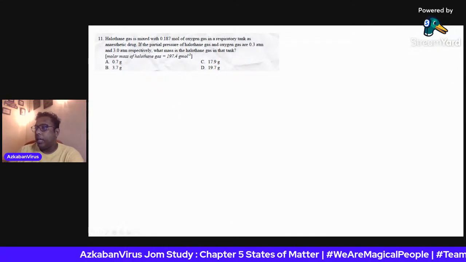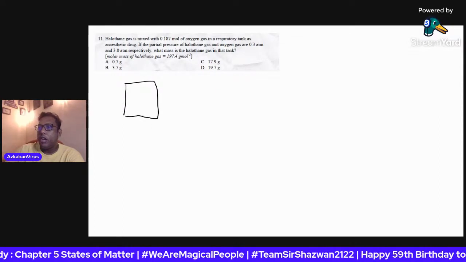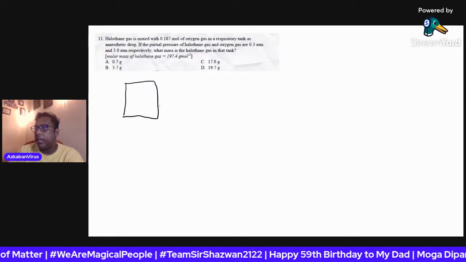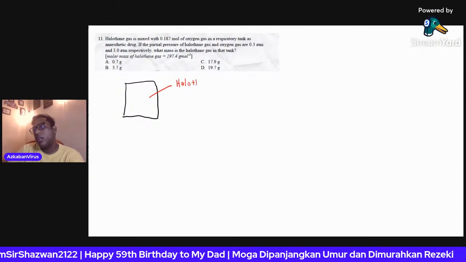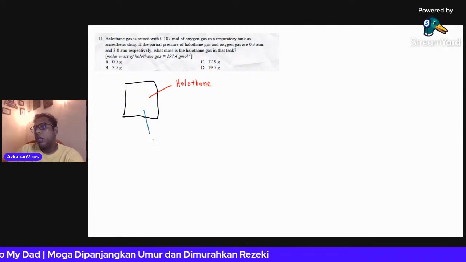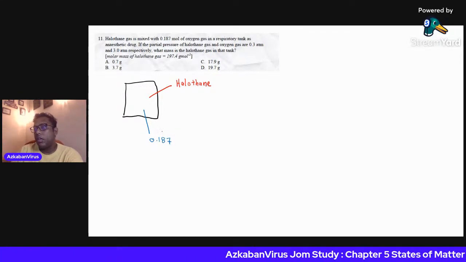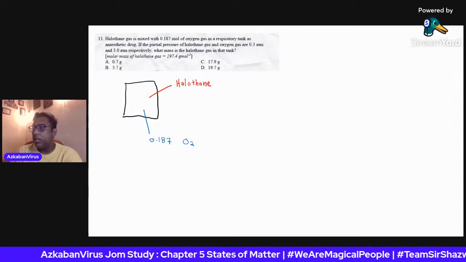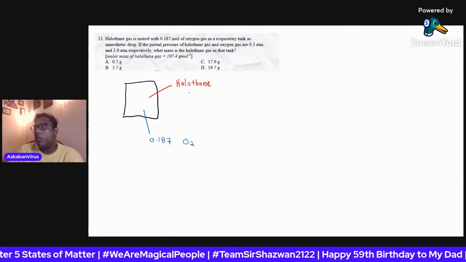Okay, kita diberi, okay, soalan ni kita diberi satu tank, dalam tu ada dua gas. Satu adalah halothane, satu lagi adalah 0.187 mole of O2. Okay, so di sini kita tahu bahawa halothane punya partial pressure is 0.3 atm.